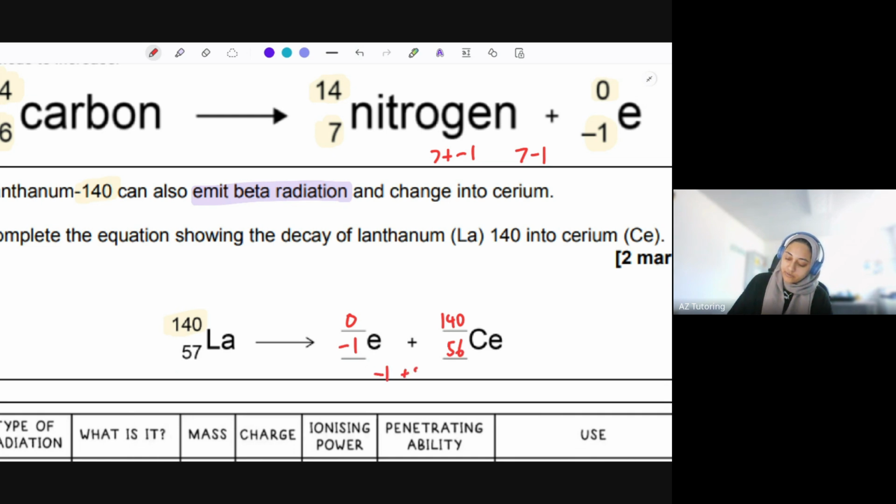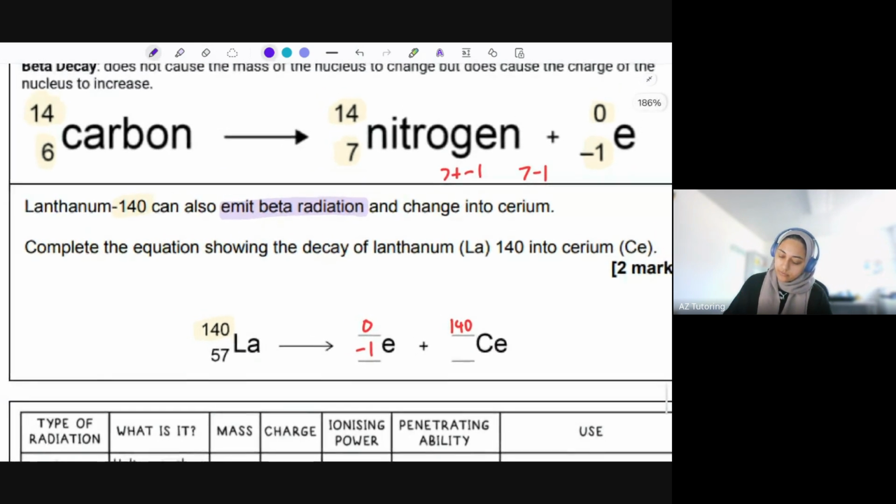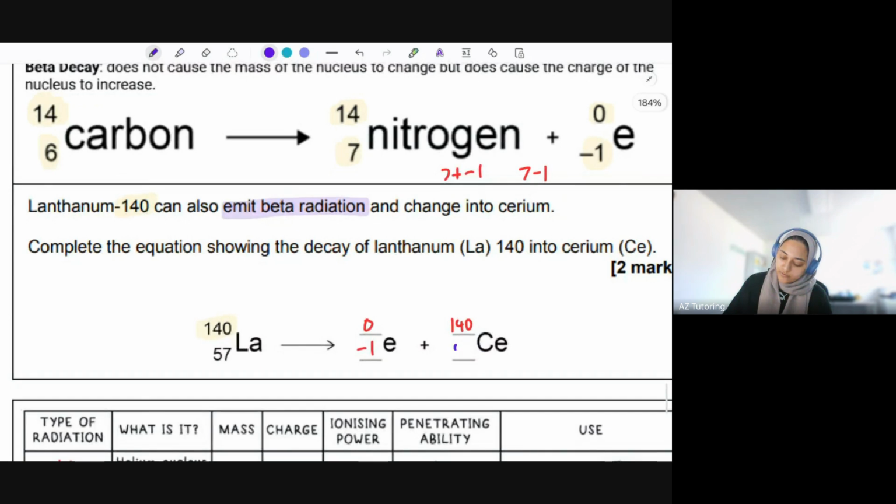Because -1 add 56 gives me, no, that gives me 55. That doesn't make sense. It should be 58, because 58 minus 1 gives me 57. So yeah, that should be 58, not 56.